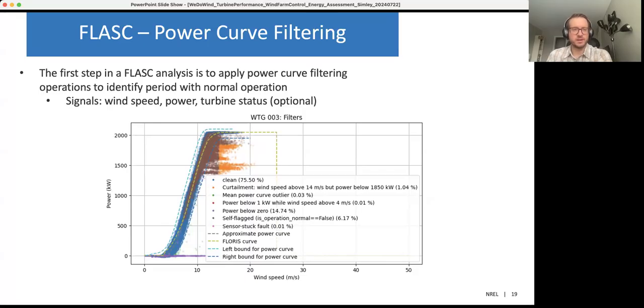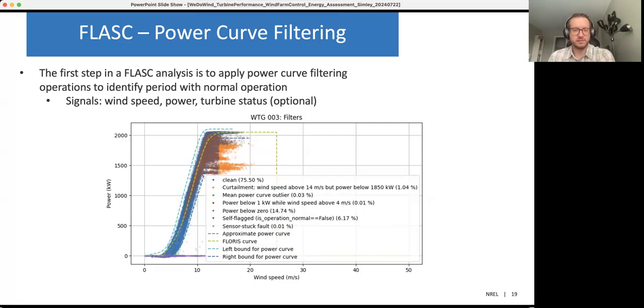So there are functions in FLASC where we can use the wind speed, power, and turbine status if it's available for each turbine, and identify periods when the turbine is operating normally, when its power is generally close to its normal power curve.